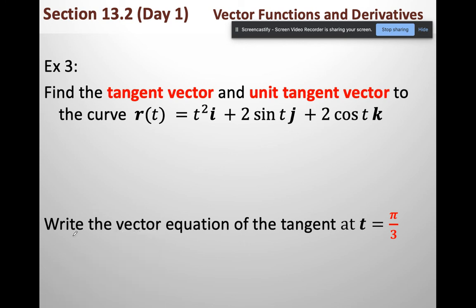Well, there's a couple things, right? I need a vector equation, right? So how do you write the equation? The vector equation needs a point and a slope, right?